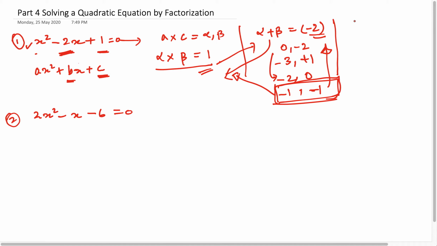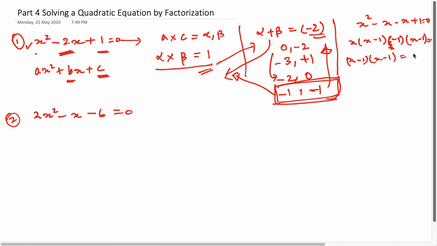And the moment I do that, I'll be able to split the middle term, and the equation becomes x square minus x minus x plus 1 equal to 0. I can take x out common and it will be x into x minus 1, then minus 1 common, so minus 1 into x minus 1 equal to 0, and this will be x minus 1 into x minus 1 equal to 0. So I managed to find the roots, and the roots are 1 and 1.